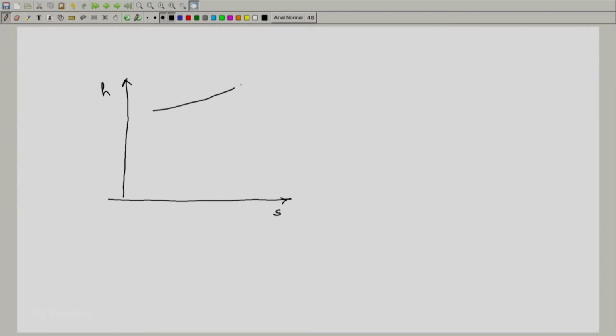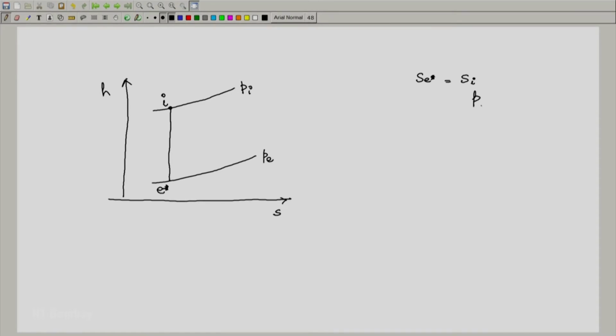This is the inlet isobar P i. This is the inlet state. This is the exit isobar P e, and ideally we would have come from i to e star. So, we would have gotten s e star equal to s i.